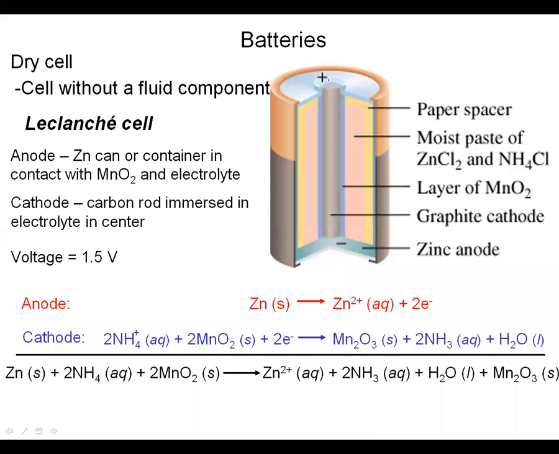And on batteries, just like on galvanic cells, we have a minus and a positive, right? Just like in a galvanic cell, electrons travel from the minus to the positive end of a battery, which is why, when you put a battery into a piece of equipment, you need to put it in correctly to get a positive voltage.